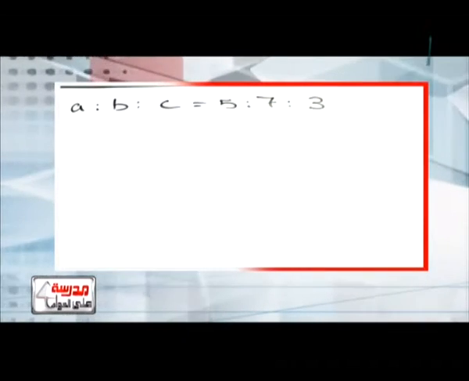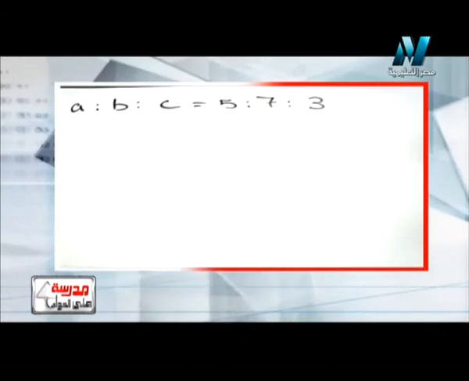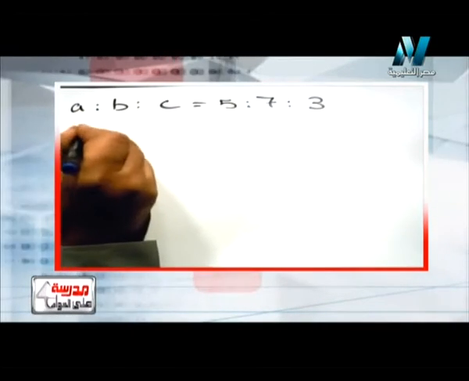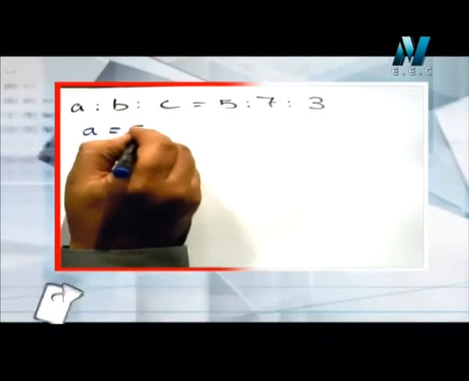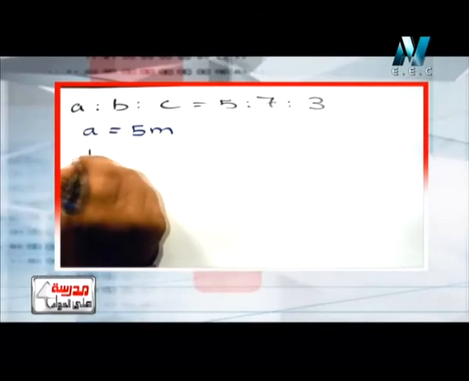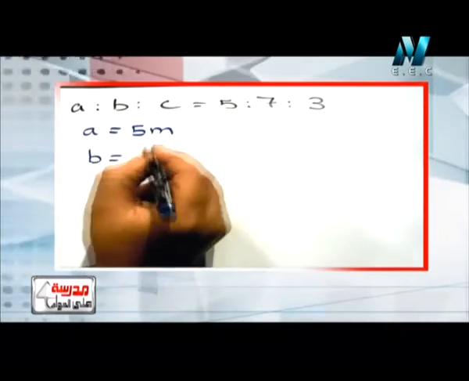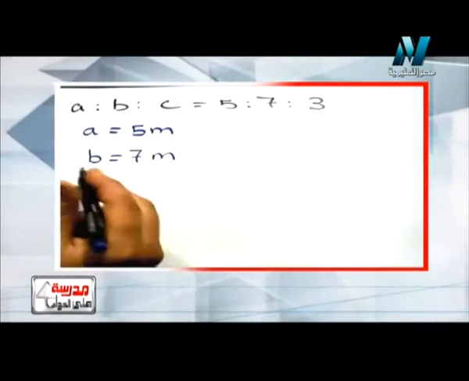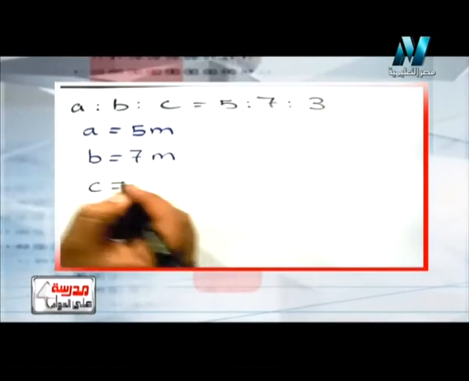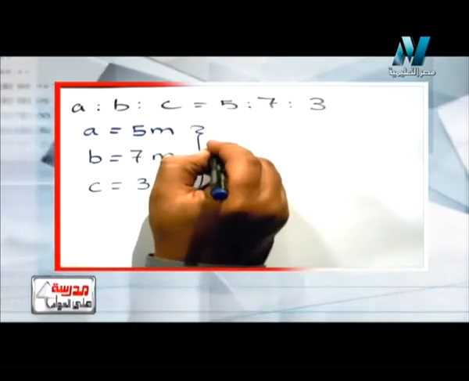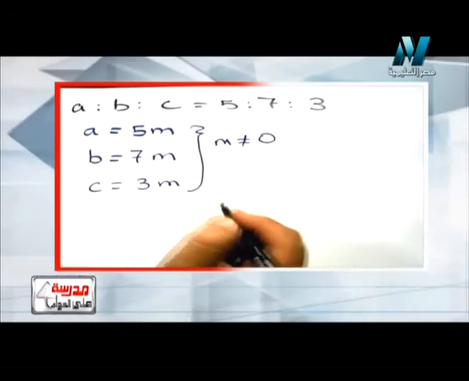So simply, I can write that A will be equal to 5 times the factor m, and b will be equal to 7 times the factor m, and c equals 3 times the factor m, and this factor m doesn't equal 0.